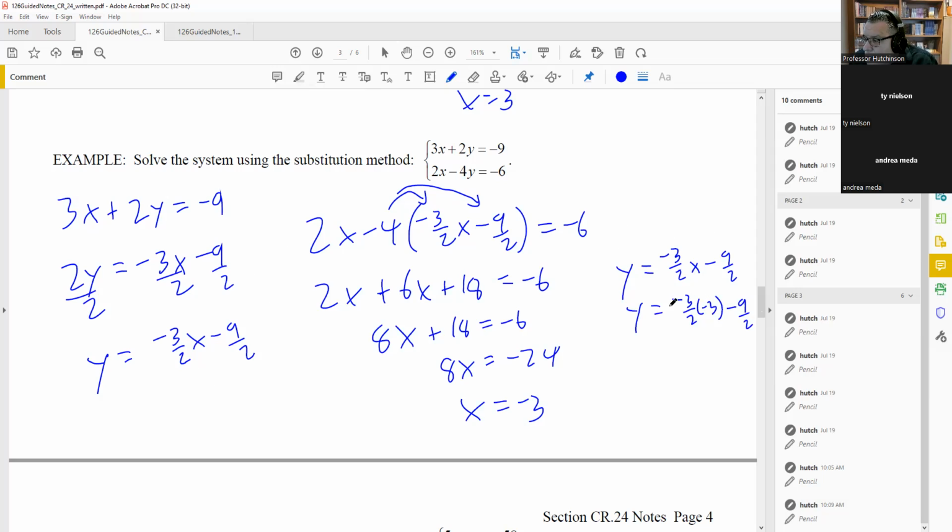Okay. So then when we multiply this, we're going to get positive 9/2 because that's 3 over 1 when you multiply that. That's why you don't multiply the top and bottom. It's just the top number gets multiplied by -3. That's actually what happened in this other step here. I have -4 over 1 times -3/2.